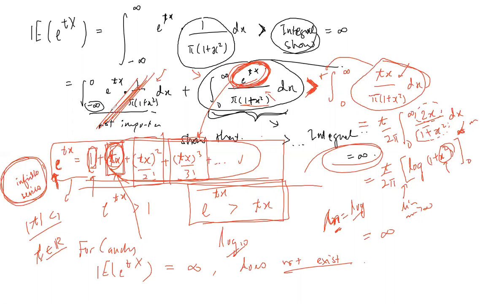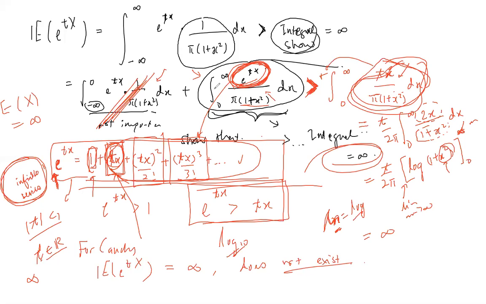By the way, your Cauchy actually has an infinite mean. You can check, the expectation of x is actually infinite. Basically, it's from here already, right? The expectation of x is infinite because this is just the expectation of x.